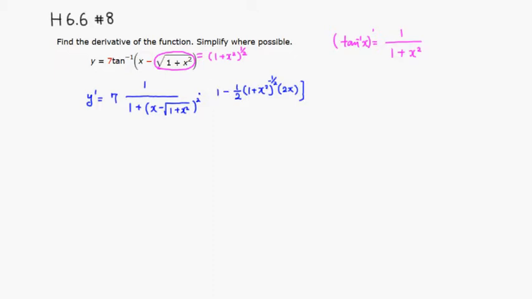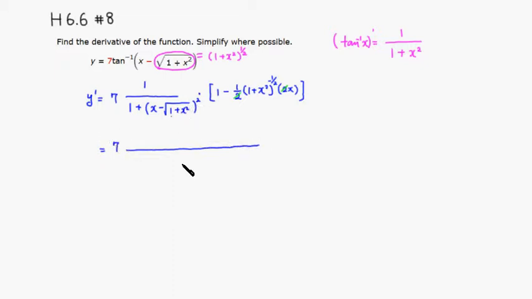Then we just need to clean up a bit. We have 2 on the bottom and 2 on top. They cancel out. So we're going to get this. 7 is in front.